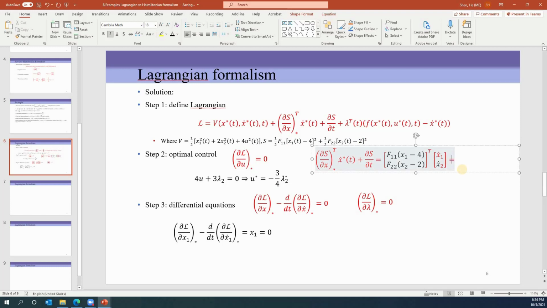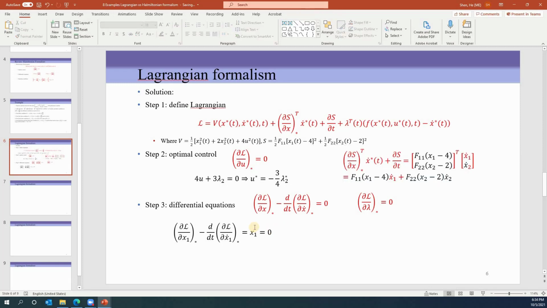So that will give us the first element times this first element here, x1 dot, plus the second term times x2 dot. Now we can continue. Partial L over partial x1, we take a derivative of this term with respect to x1. What do we have? So this is x1, so that we have a f11 times x1 dot.